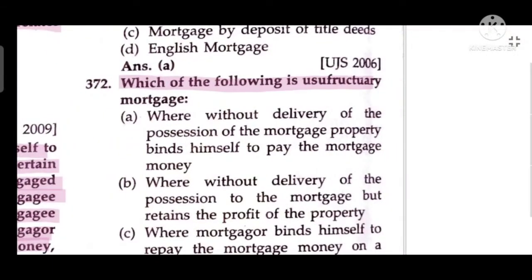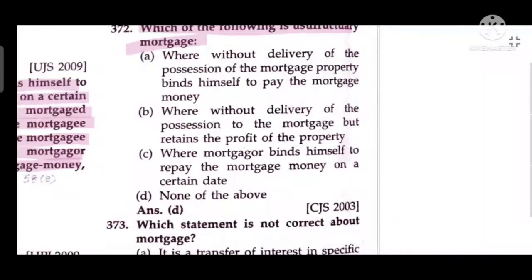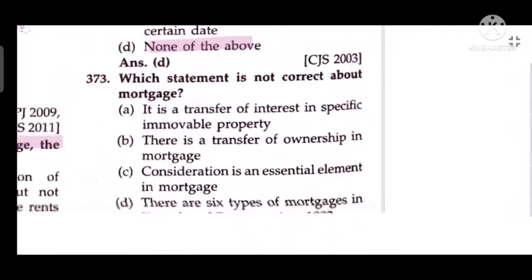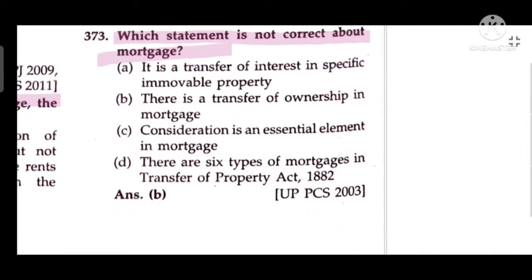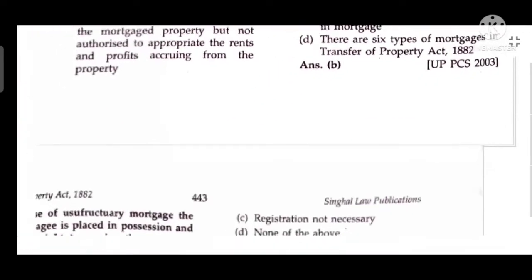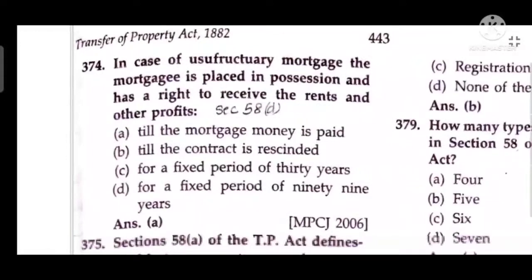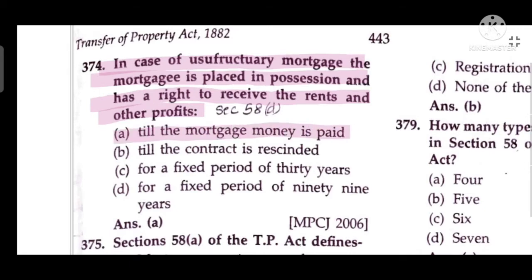Which one of the following is a usufructuary mortgage? None of them. Which statement is not correct about mortgage? There is a transfer of ownership in the mortgage. In the case of usufructuary mortgage, the mortgagee is placed in the possession and has the right to receive the rent and other profits till the mortgage money is paid.